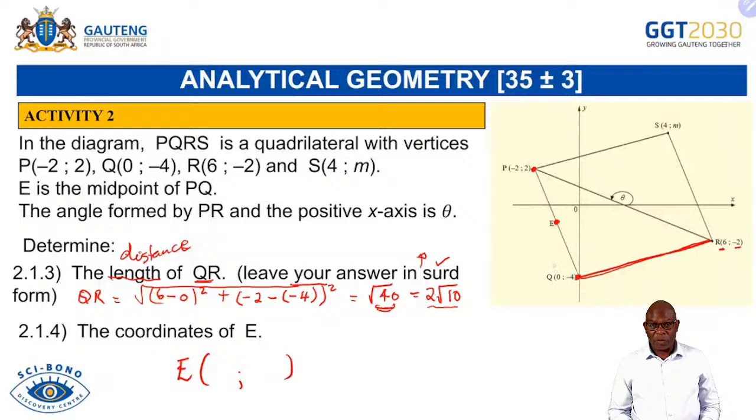Remember, it's a plus. So it's a plus and a minus. So it will be minus 2 minus 4. So for the X value, I'll go minus 2 plus minus 4, which is minus 4, all over 2, which is my first value.